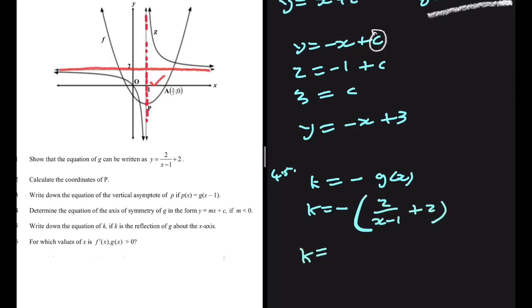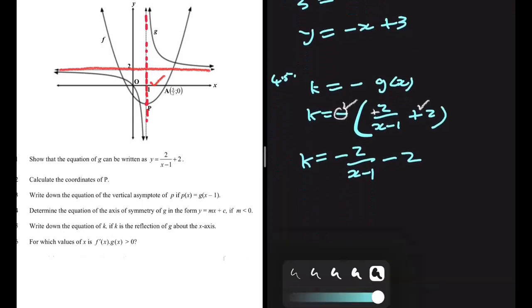So we have negative multiplied by positive, which will give us negative, right? So we're going to have negative 2 divided by x minus 1, and then negative multiplied by positive gives us negative again. So we just have minus 2. And just like that, we have k. k is equal to minus 2 divided by x minus 1 minus 2.